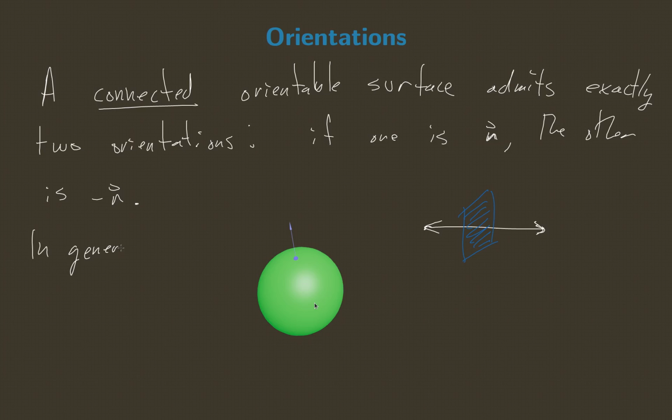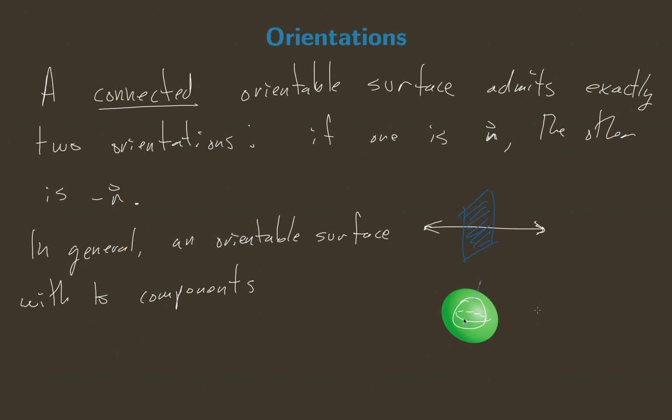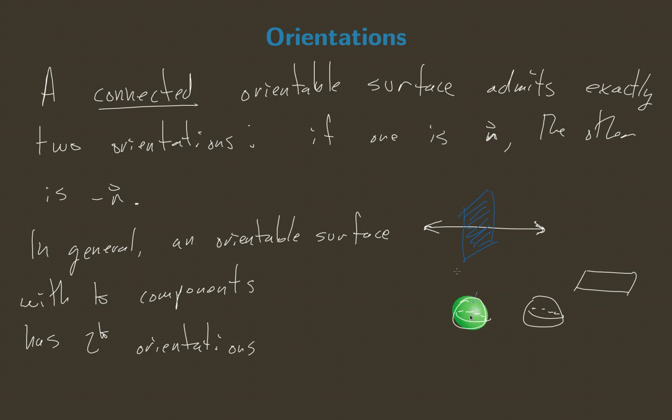In general, an orientable surface with k components, so if your surface consisted of, say, a sphere and two other spheres, or maybe a plane, has 2 to the k orientations, because on each component we have two choices of orientation, and those are all independent.